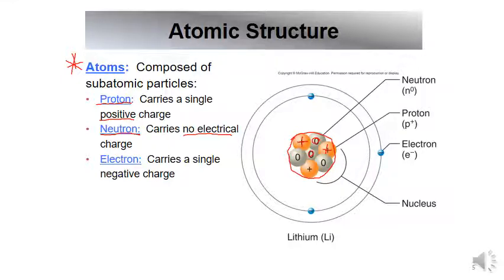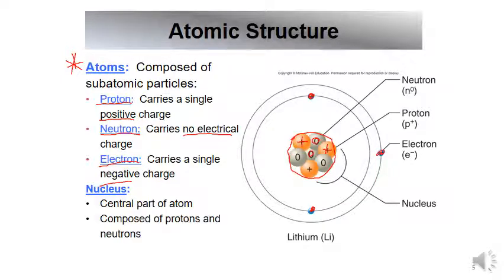And then around the nucleus are these smaller particles called the electrons. And these are spinning around. Okay, so then know that electrons have a negative charge. Again, just know that these are the three parts making up atoms and what charges they have. And again, the nucleus is the central part of the atom. The nucleus has the protons and the neutrons, and electrons are spinning around the nucleus.